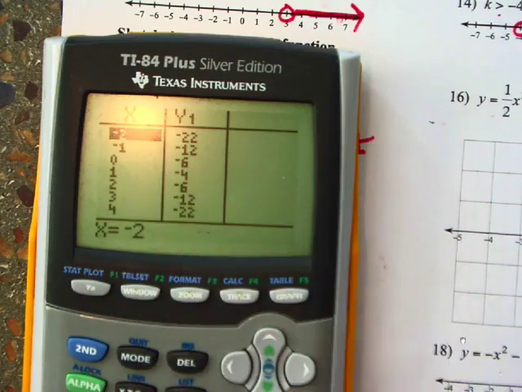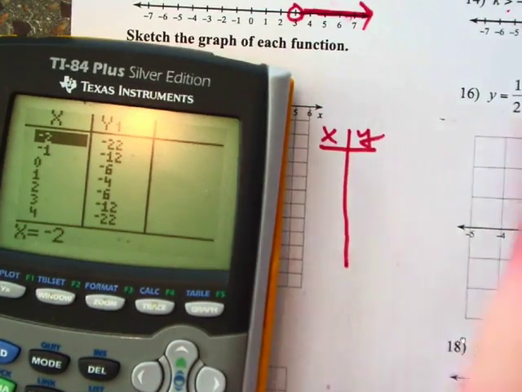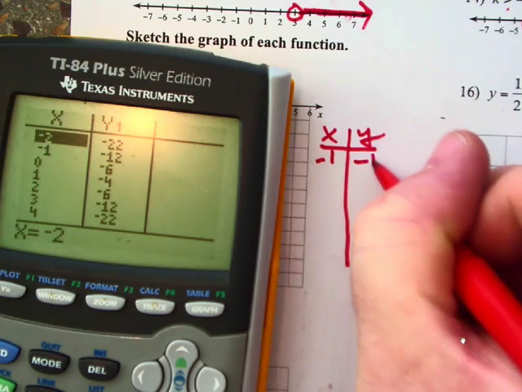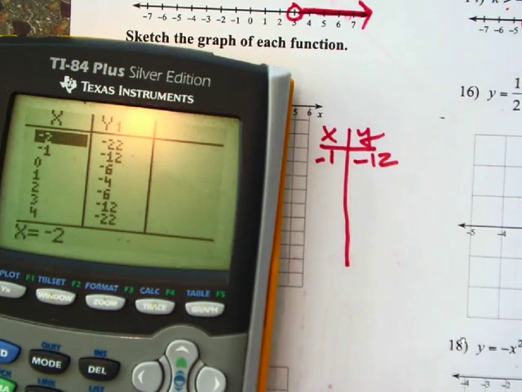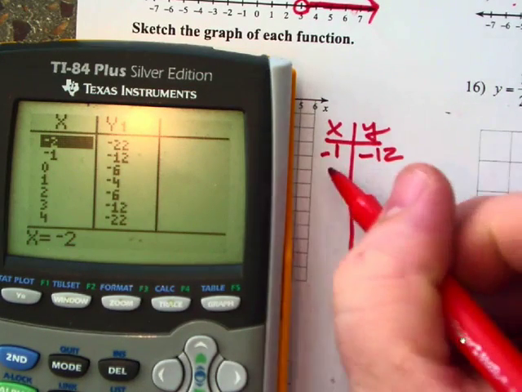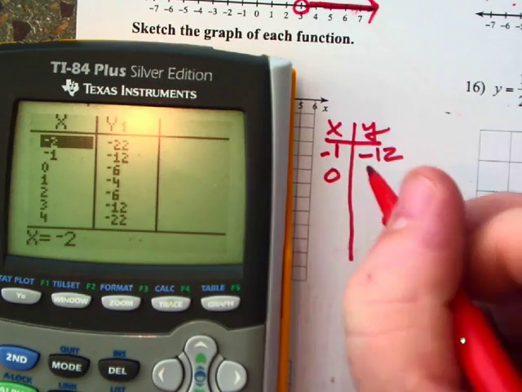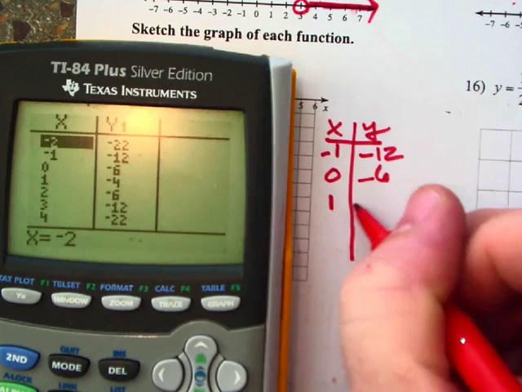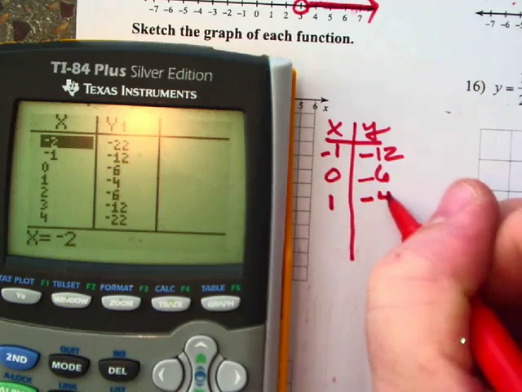So when x is negative 1, y is negative 12. Okay, so you see where I'm getting that. I'm just copying down what's right there. When x is 0, y is negative 6. When x is 1, y is negative 4.